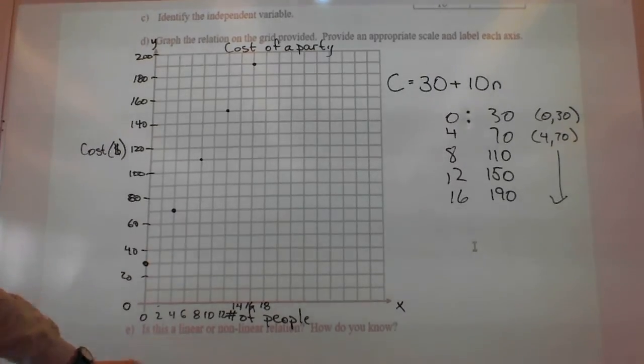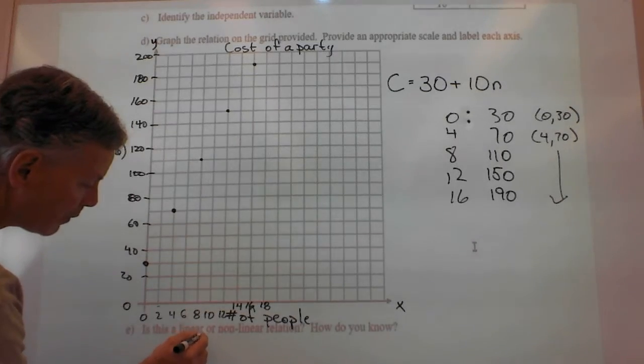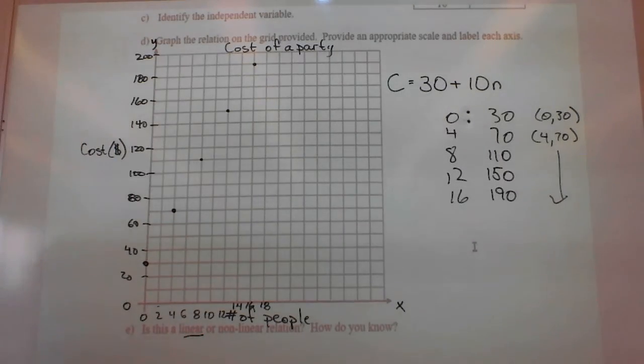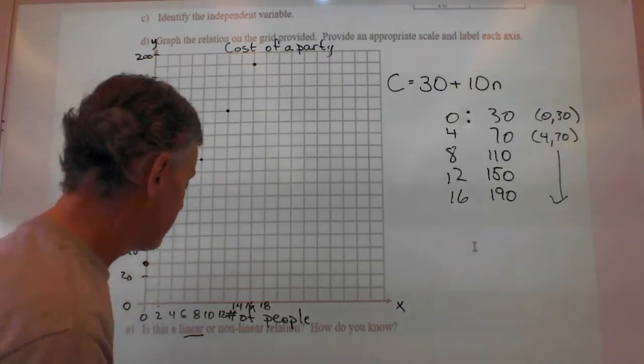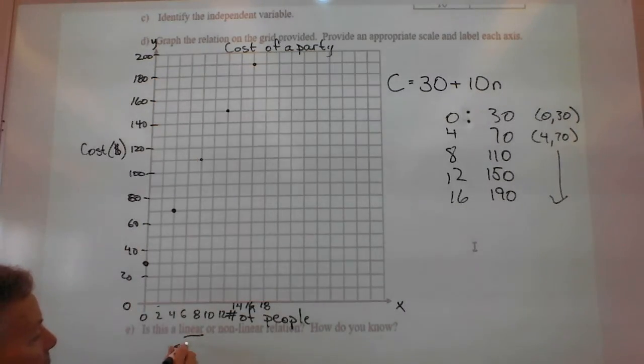Is this a linear or nonlinear relation, and how do you know? Well, we know that it's linear for a couple of different reasons, the most obvious being it forms a straight line. So you get a straight line out of it, it's got to be linear.